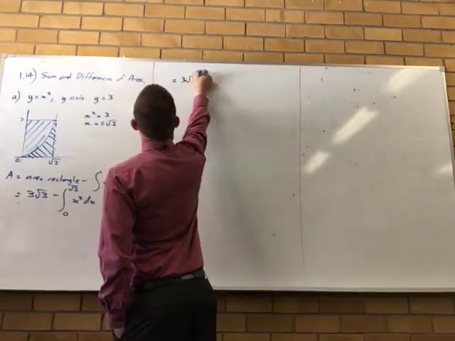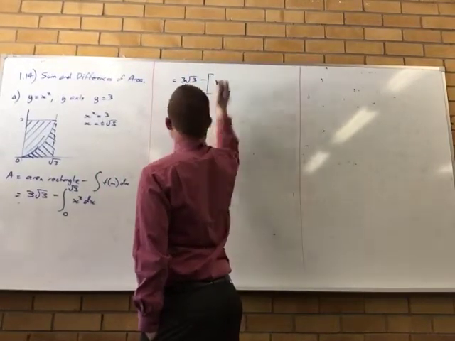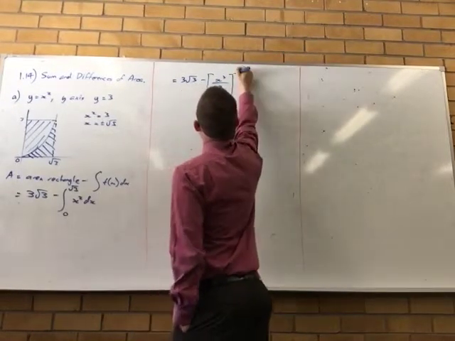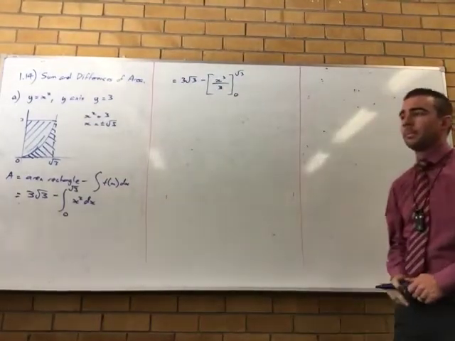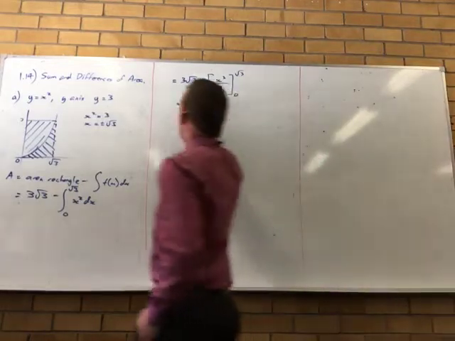Okay, 3 root 3, take away the integral of x squared, to x cubed over 3 from root 3 to 0. You've got to watch these brackets now.